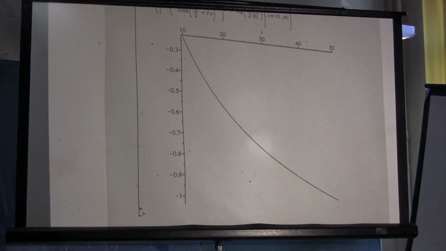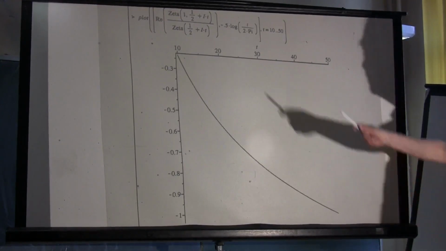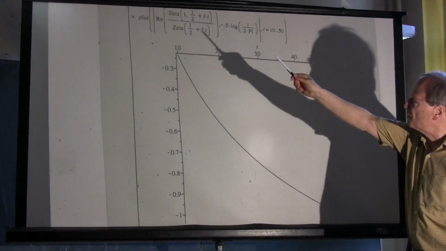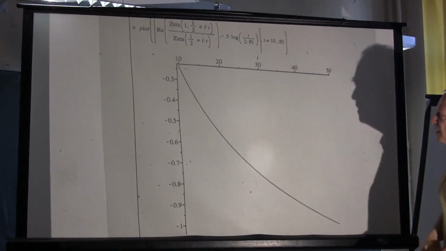So, although those last two functions were so complicated, you divide one by the other, get the logarithmic derivative, look at the real part, and it's an absolutely simple curve. This is zeta prime over zeta, and this is minus half log of t over 2 pi.